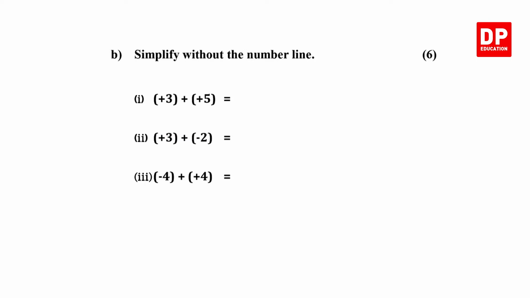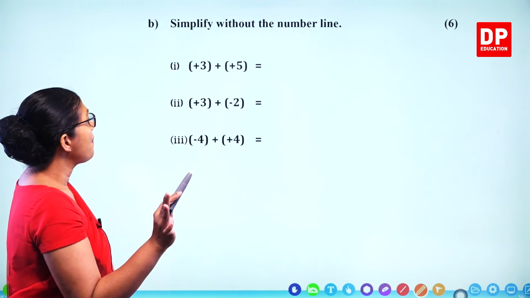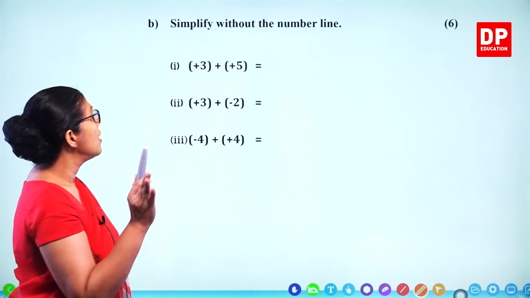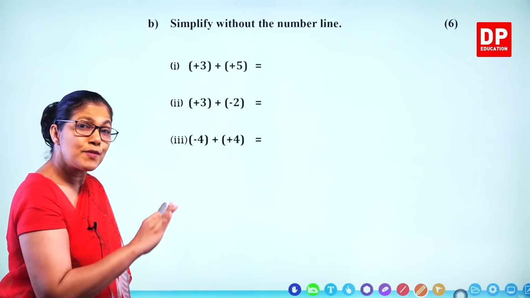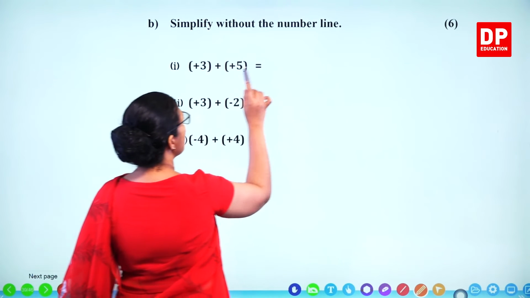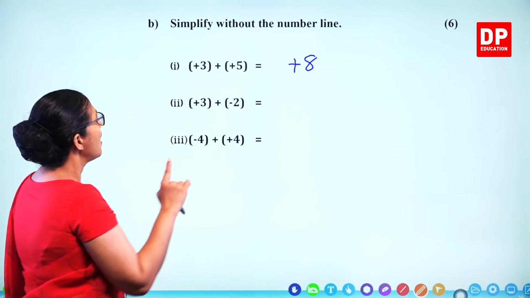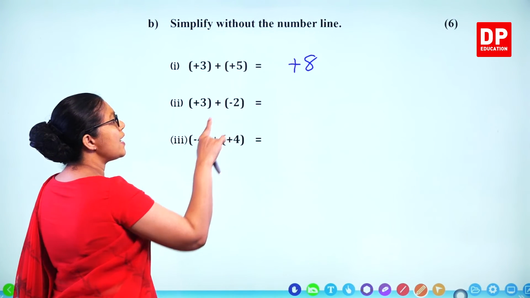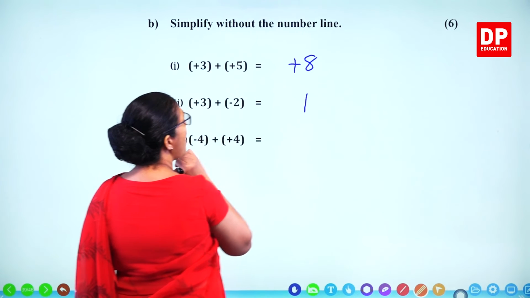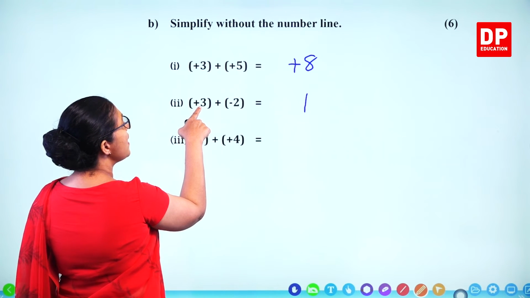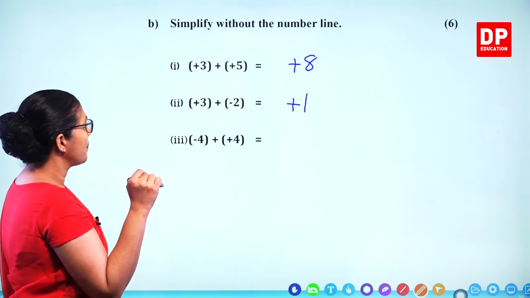Part B, simplify without the number line. So when you are not using the number line, you have to think about pluses and minus. Both pluses, whatever the same sign, you add the numbers, 3 plus 5, 8, and put the sign of that number. One number is positive, one minus is negative. Then you take the difference, 3 and 2 difference is 1 and put the sign of the bigger number. Bigger number is plus 3, so this is plus 1.